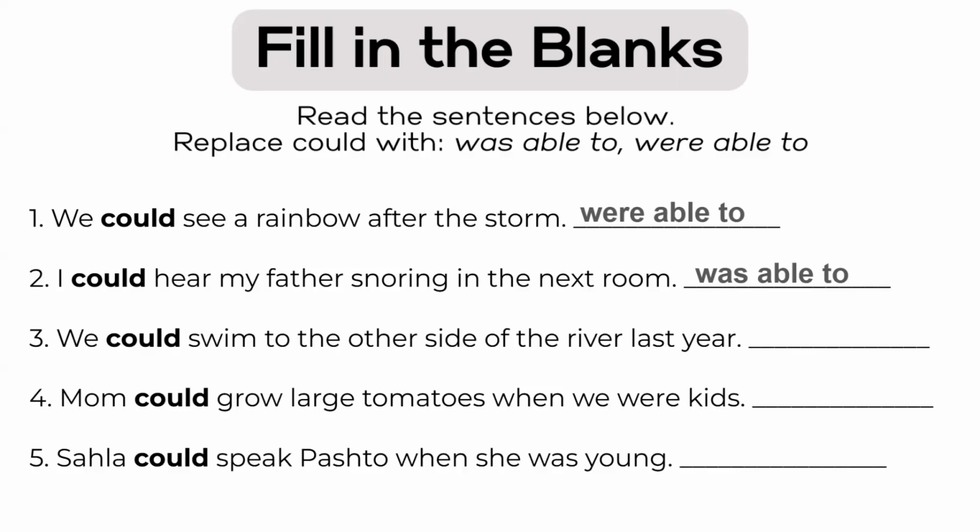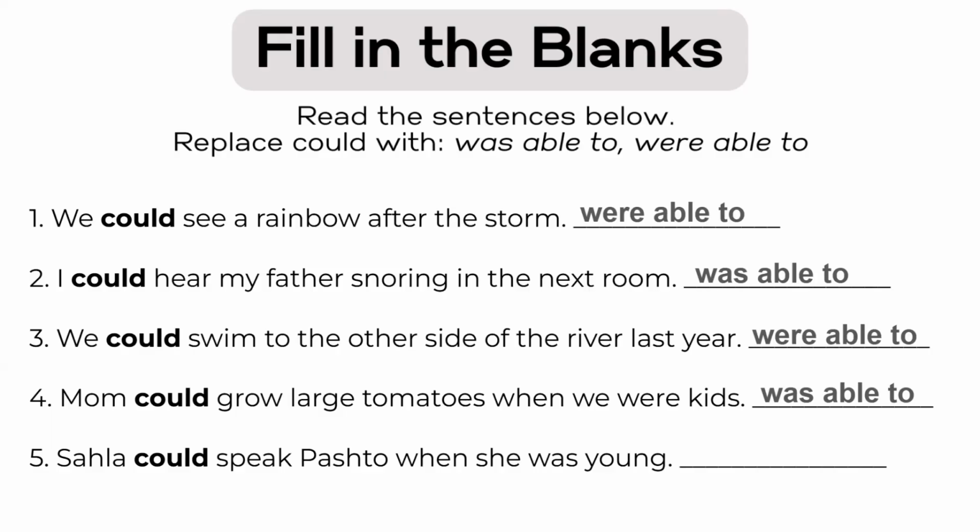All right, number 3, we, so that's going to be were able to. Let's read it together. We were able to swim to the other side of the river last year. Number 4, mom, so that's going to be was able to. Let's read it together. Mom was able to grow large tomatoes when we were kids.